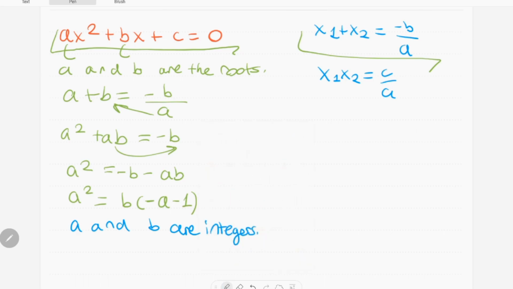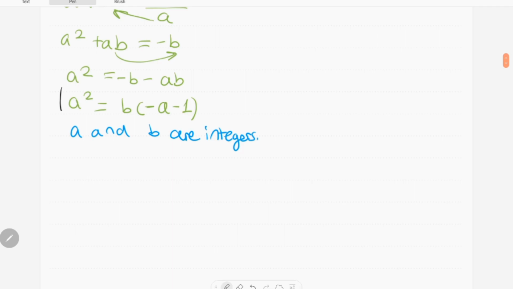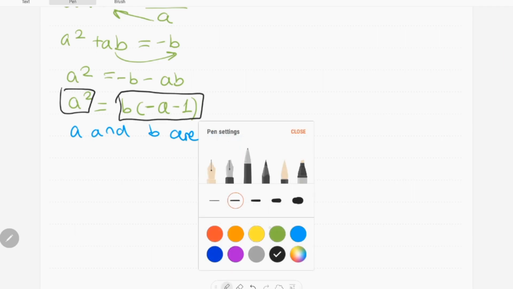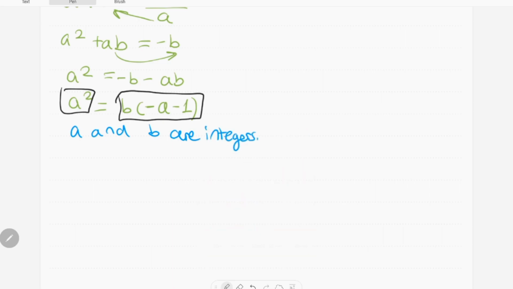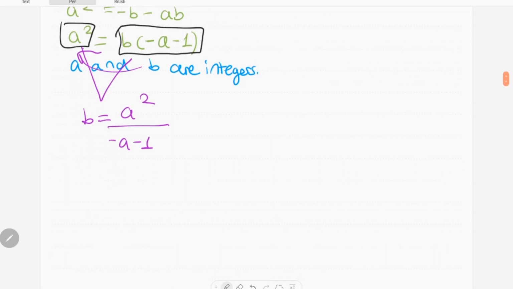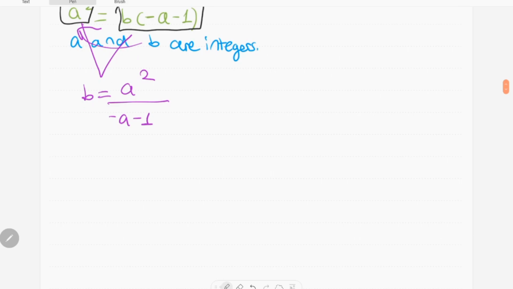So if they're integers, both this and this have to be integers. Then I also know that if I take this equation and leave b alone, this will be a squared divided by minus a minus 1. That's correct.